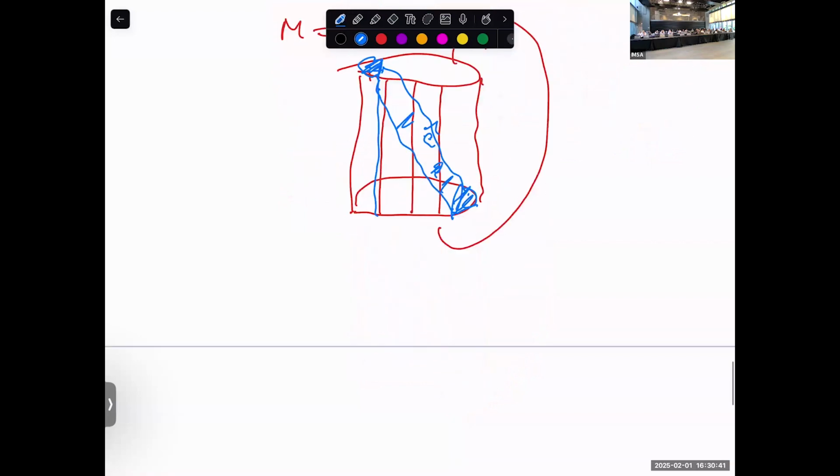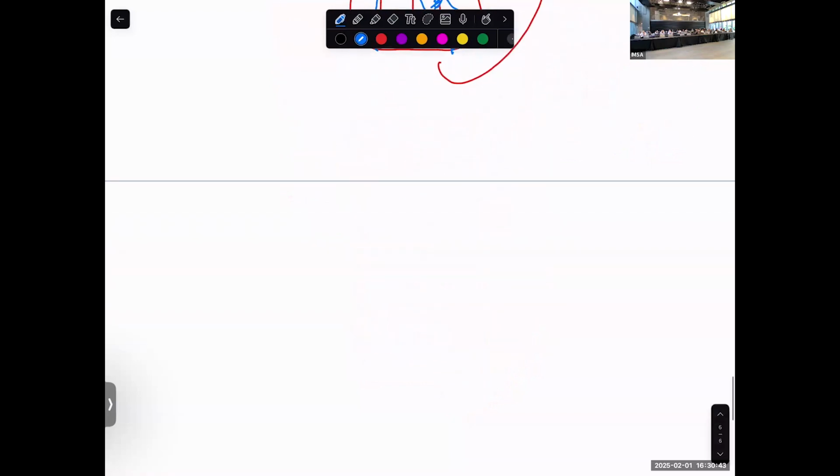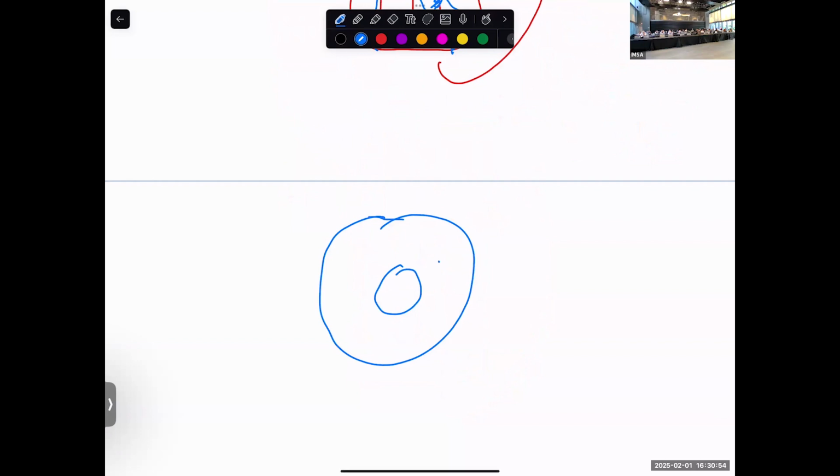So for instance, what does it look like? It has to look like this. You take some sphere, you take say a Heegaard decomposition of the sphere, where I draw genus 1. So this is one of my halves, and this is another one.